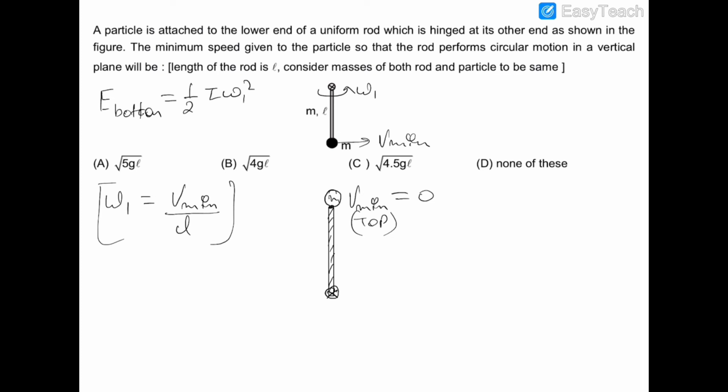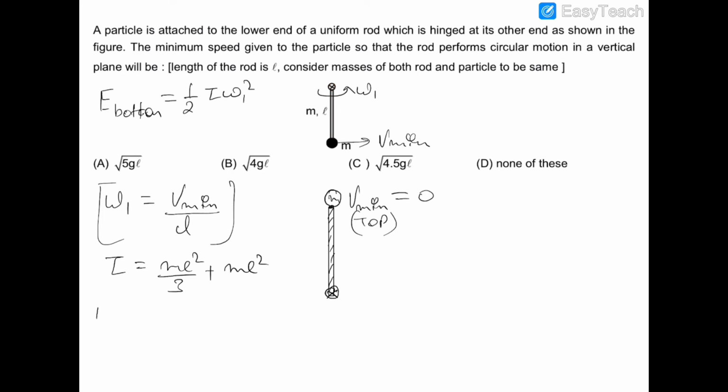So omega 1 will be equal to V minimum by L, and the moment of inertia of this system would be mL square by 3 for the rod, as well as mL square for this mass, because this mass is a point mass which is at a distance of L from the hinge.